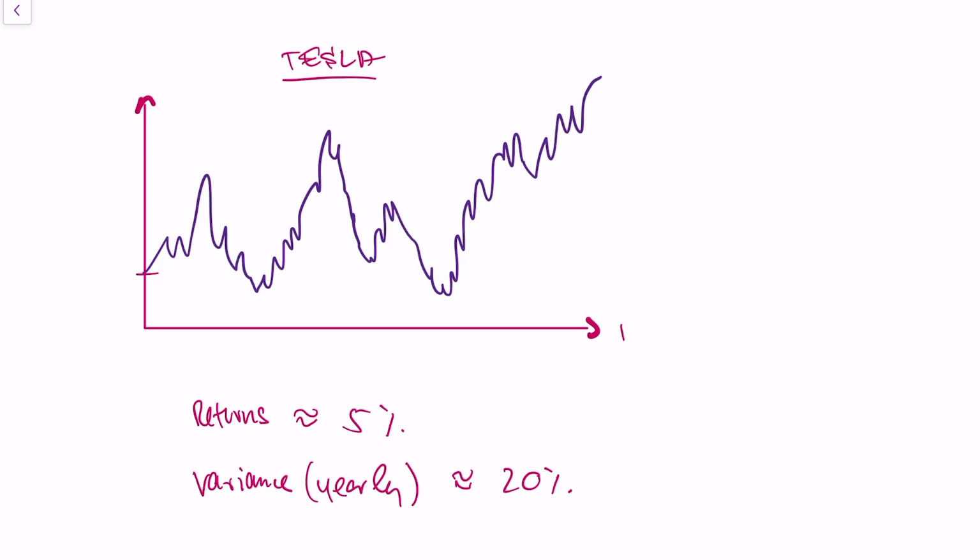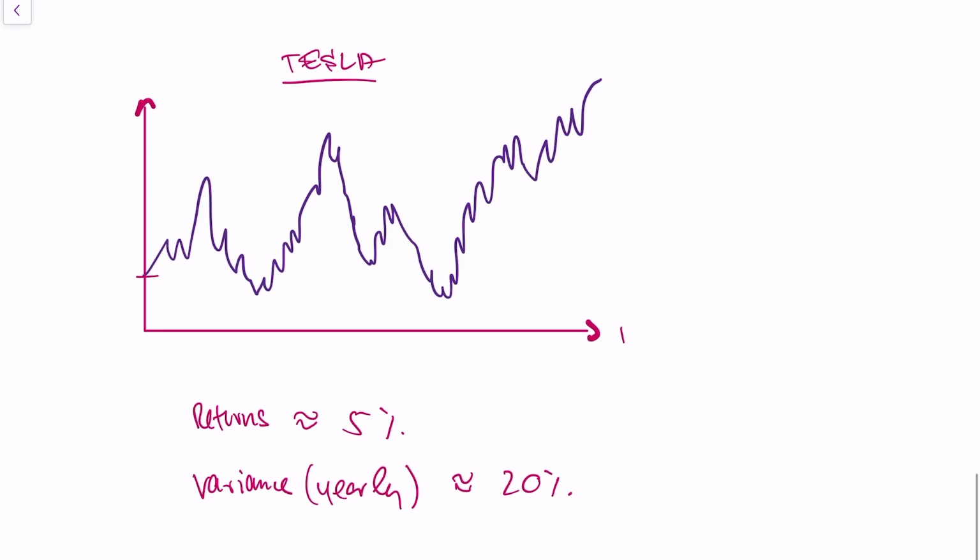So what does that mean? So we have a lot of movement in this stock and the return of the stock over time. But most of this movement represents variance. So because the variance is 20%, most of this movement here represents variance, and very little of this movement actually represents returns, right?